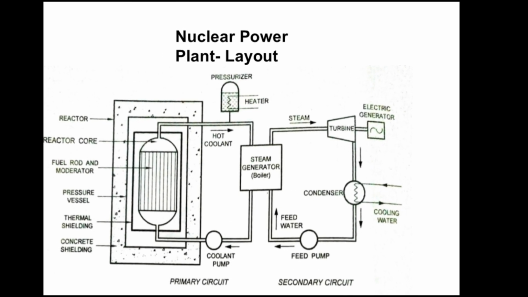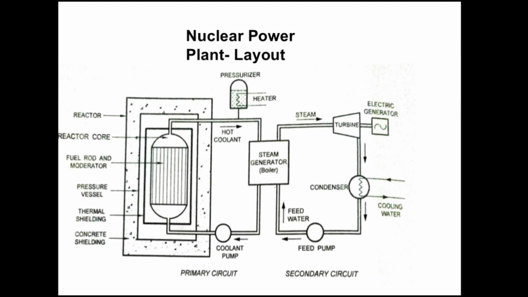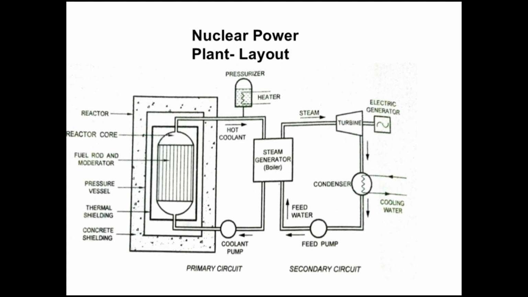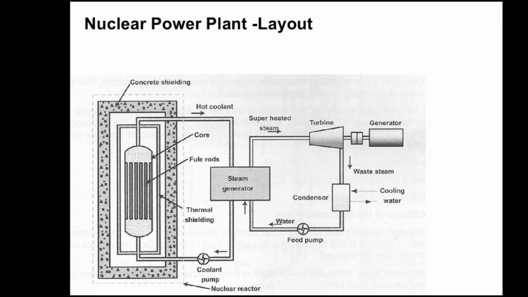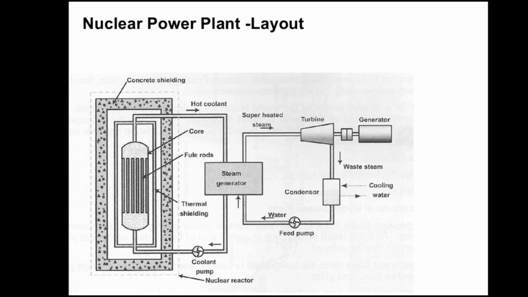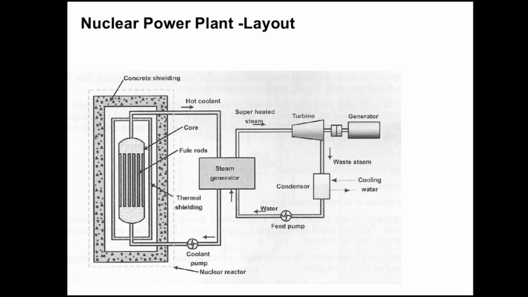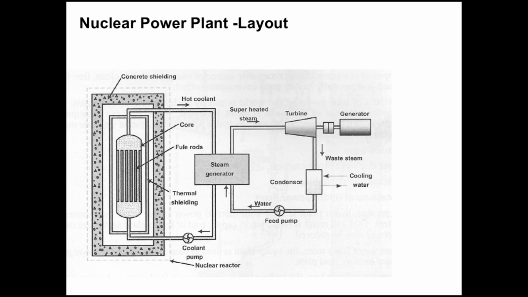Nuclear power plant layout. This picture describes the layout of the nuclear power plant and its working with the primary circuit and secondary circuit. This page shows the diagram of the layout of the nuclear power plant.